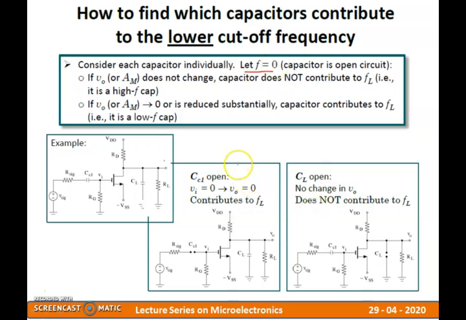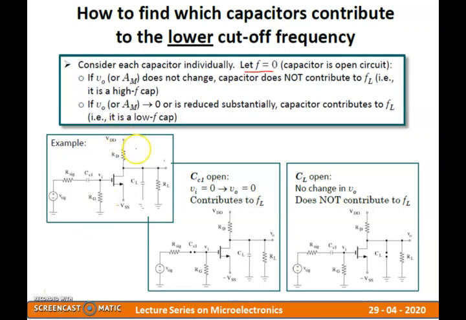When f is 0, if V0 does not change, that particular capacitor does not contribute to FL; it is a higher frequency capacitor. Or, by making f equal to 0, if V0 tends to 0 or is reduced substantially, and here V0 could also be the gain, because V0 by Vi is nothing but your gain, so gain and V0 are almost interlinked.